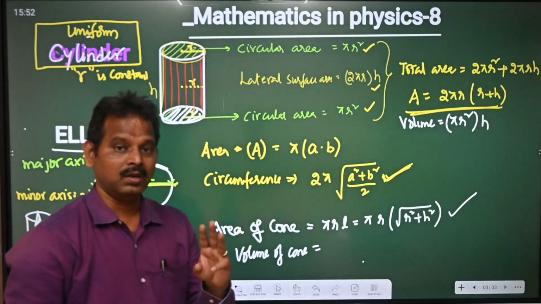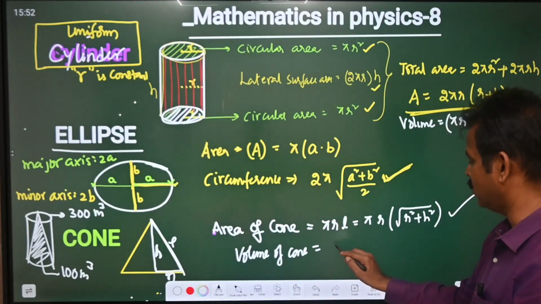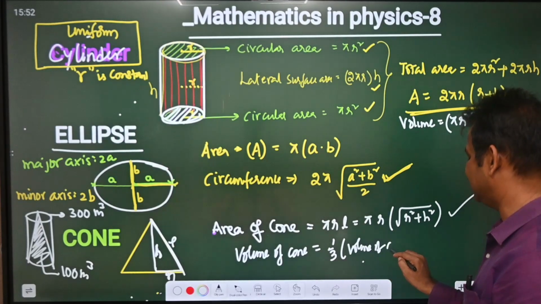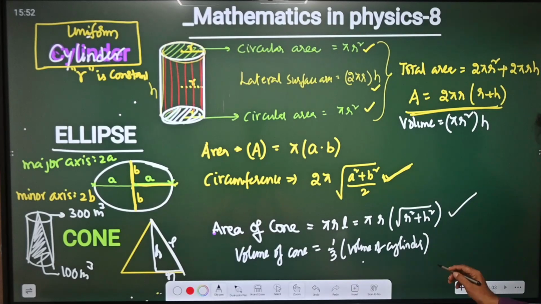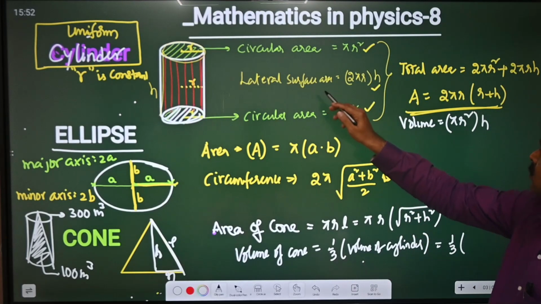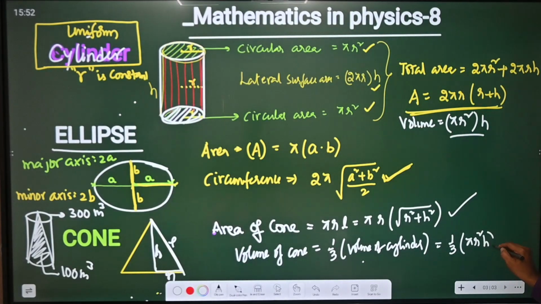So the volume of 3 cones is exactly equal to the volume of one cylinder. That's why the volume of a cone is 1/3 the volume of a cylinder of the same radius and same height. So the volume of the cone is given by 1/3 times pi r square h.